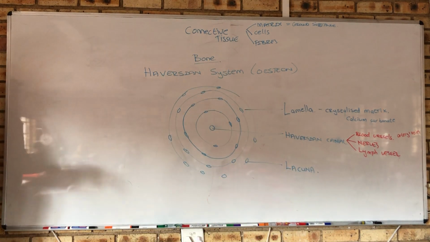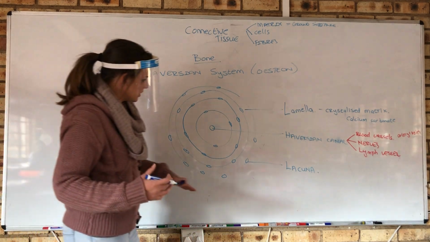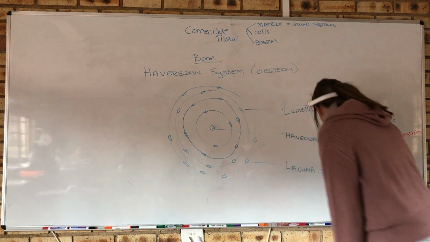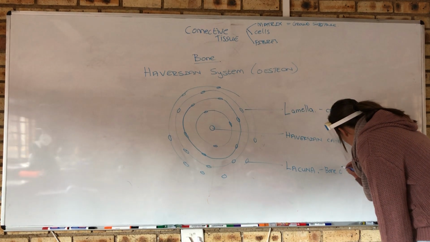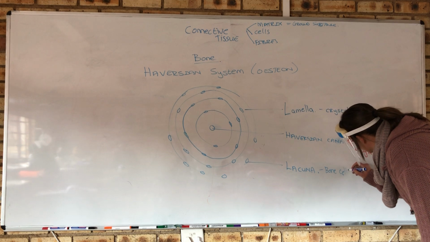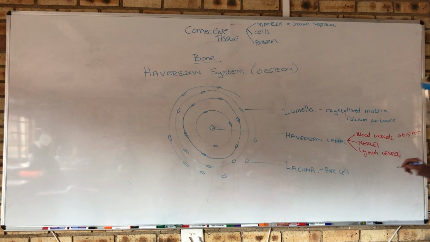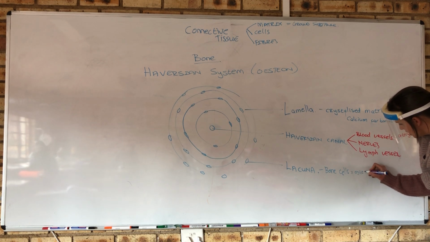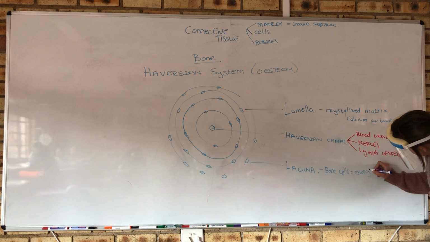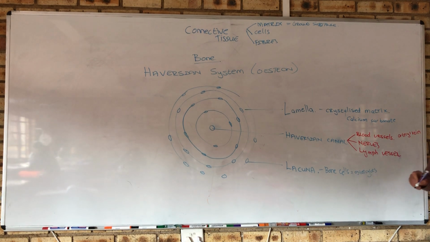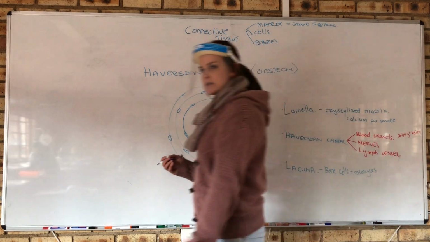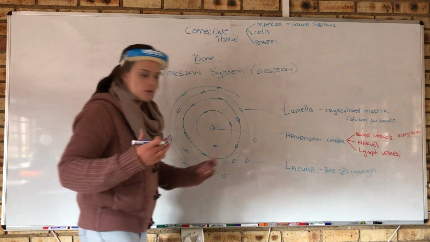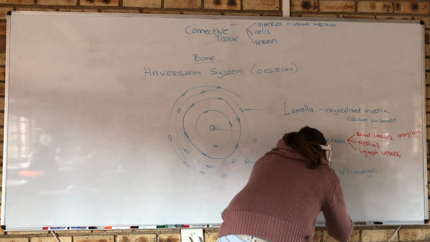Just like we saw in our cartilage, we have lacuna. Inside your lacuna, you would have bone cells. And those bone cells are called osteocytes. Osteocytes. Osteo means bone, cytes means cells. So what cells are these? These are bone cells. And then these pockets of lacuna, this is filled with uncrystallized matrix.